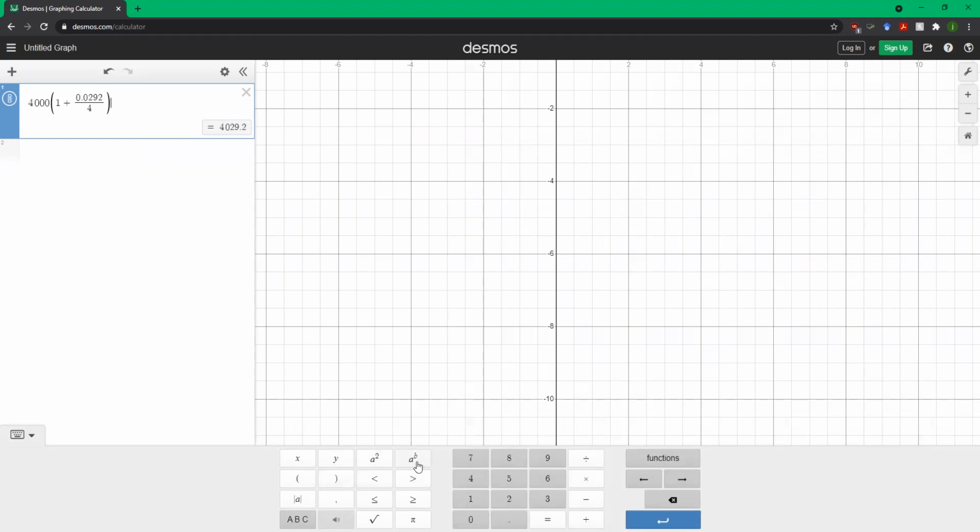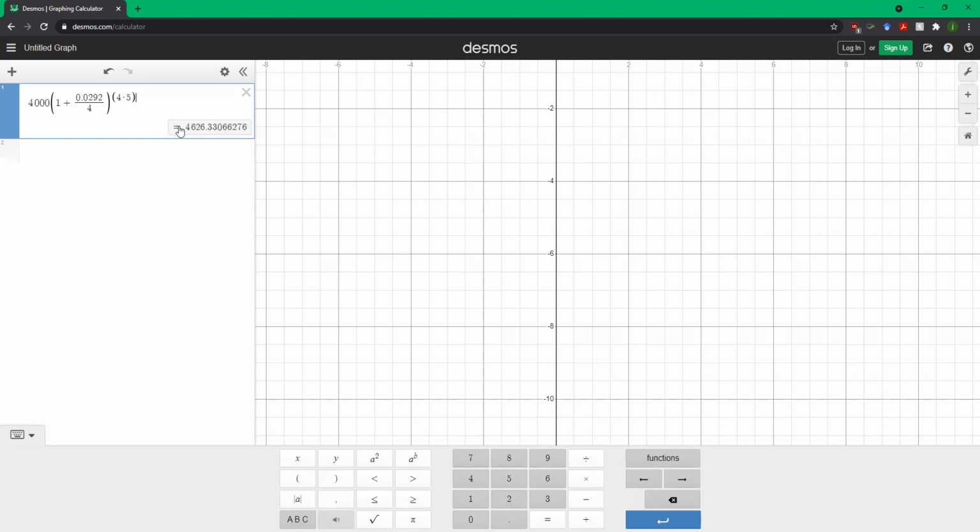Use this a to the b to get into the exponent. Sorry, I was a little worried that I wasn't sharing Desmos, but I am. And then our exponent for this one is 4 times, actually just kidding, don't want to do it that way. If you do 4 times 5, it'll take you out of the exponent. So to stay in there, we'll do left parentheses, 4 times 5.